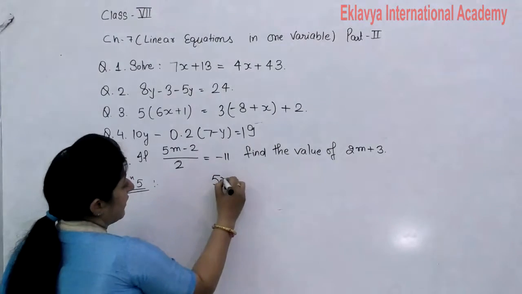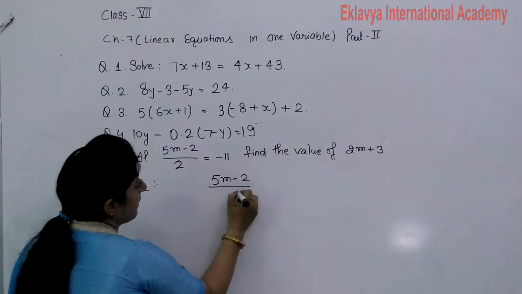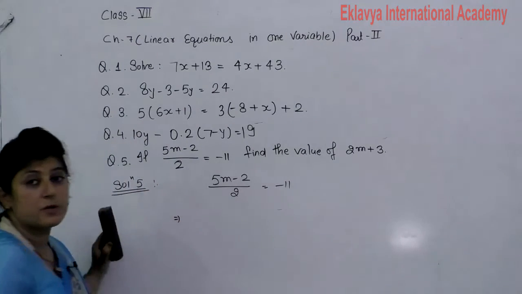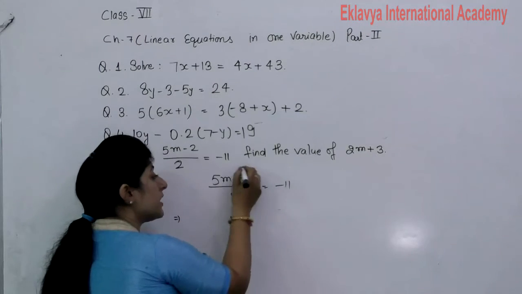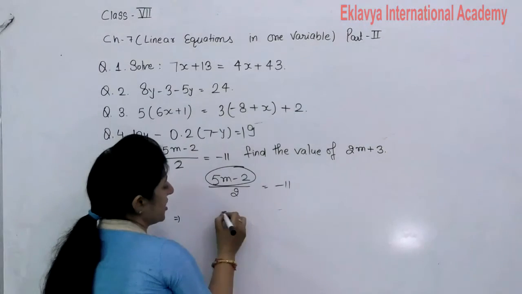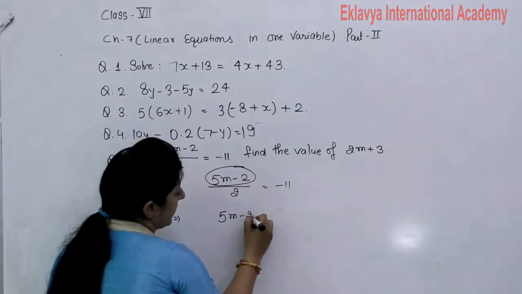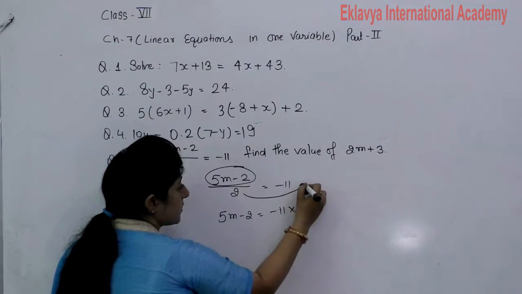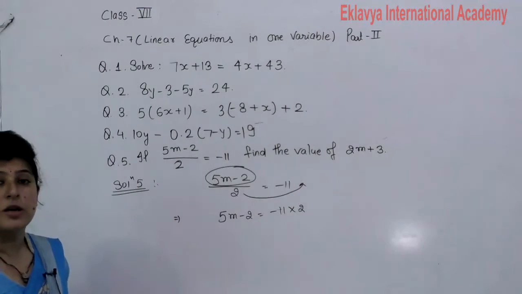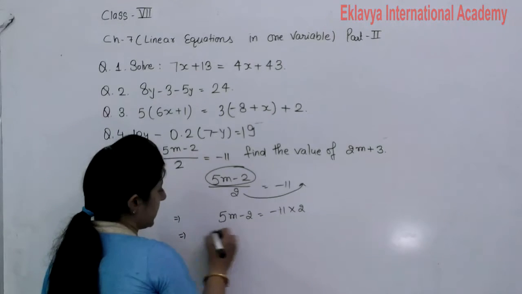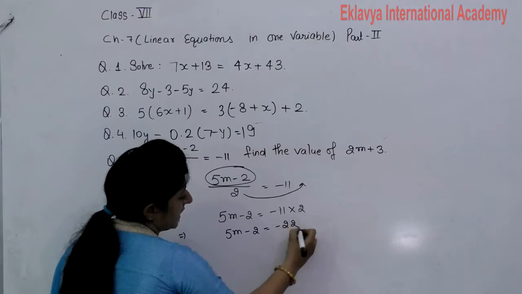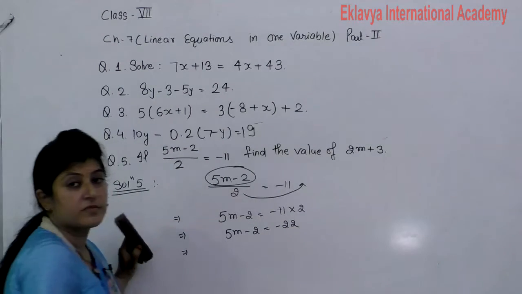Then see, 5m minus 2 divided by 2 is equal to minus 11. If we use the transposing method, this 2 is in division on the complete side, so to remove it we have to do multiplication. This 2 goes from division to multiplication, then it becomes 5m minus 2 is equal to minus 22.